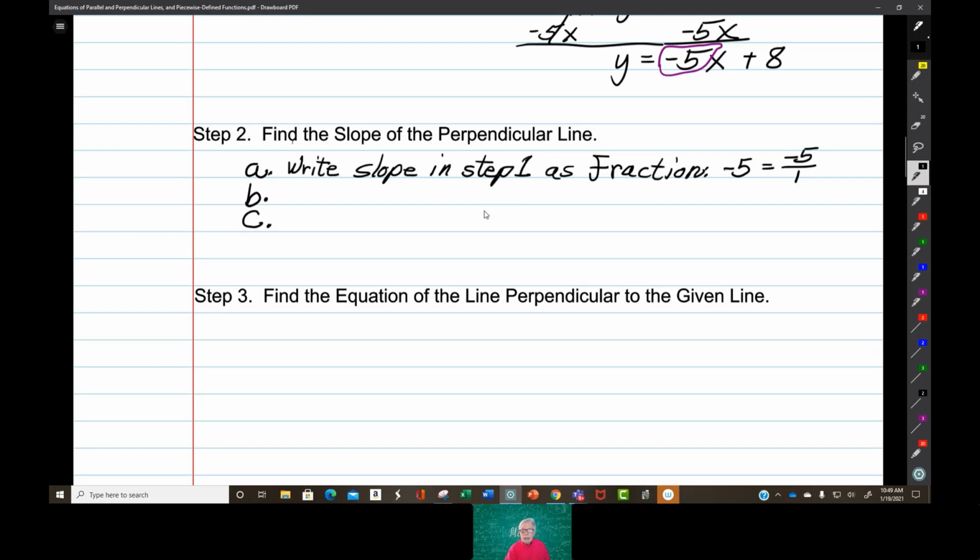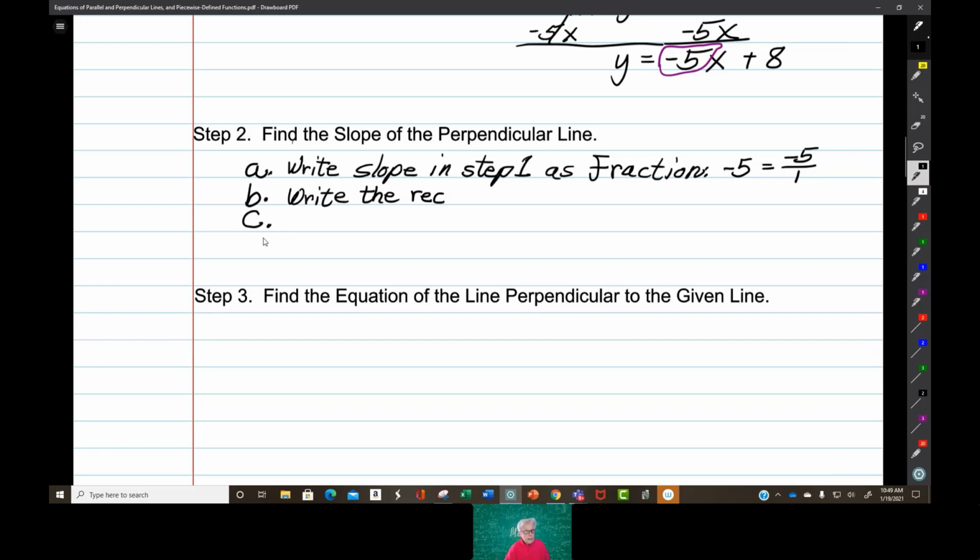Okay. Now, that brings us to step B. Write the reciprocal of the fraction in step A. Now, those of you who know how to do this, don't jump.